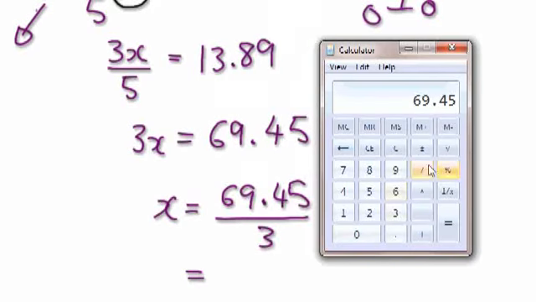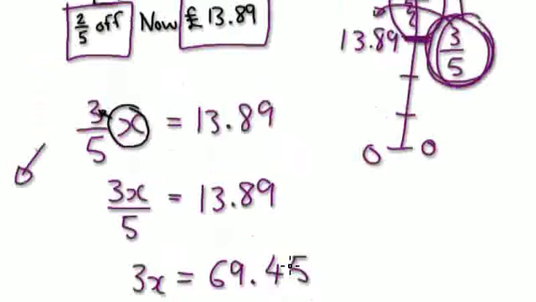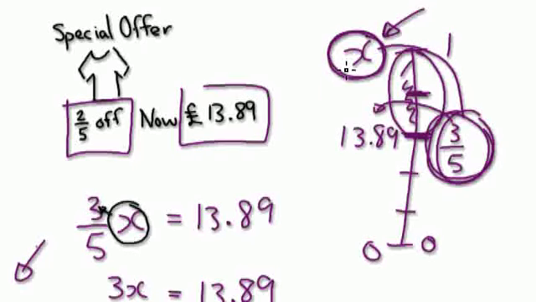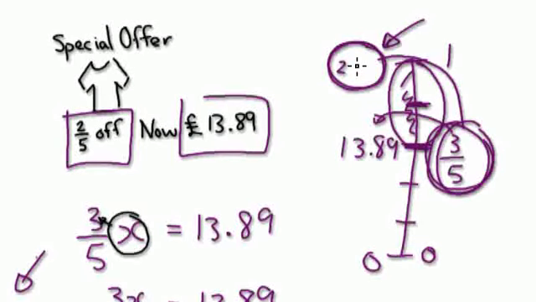Jump to your calculator. Divided by 3 equals 23.15. So up here, it cost this amount here, 23.15. So have a quick glance. Your final answer should be higher than this.